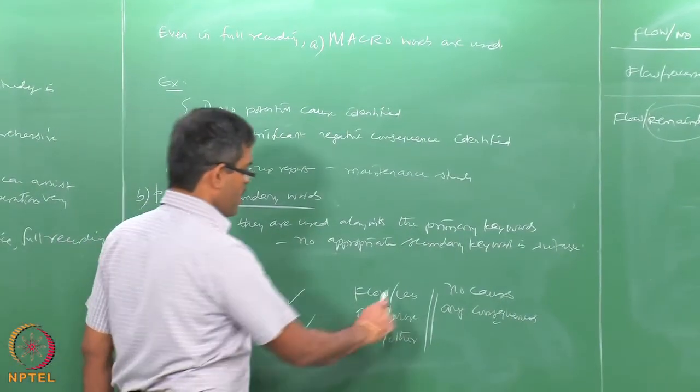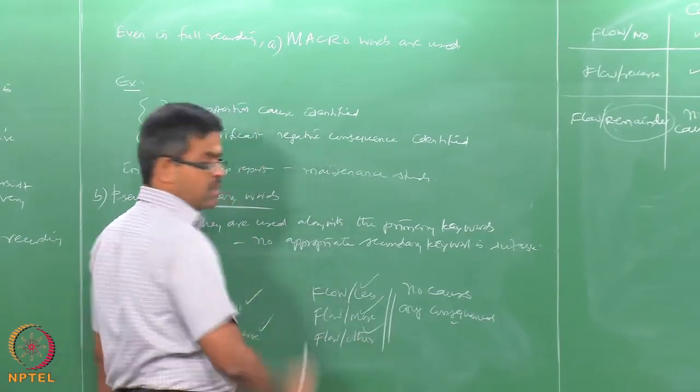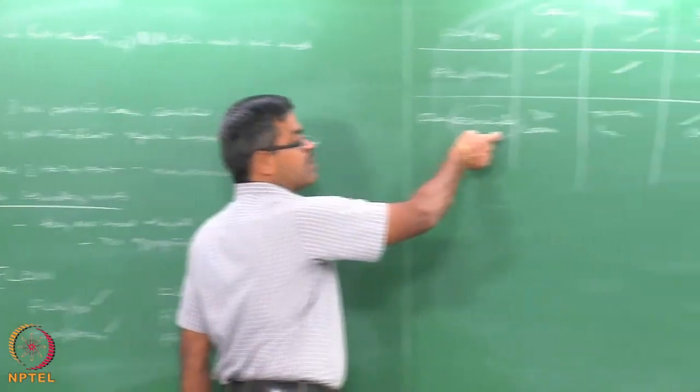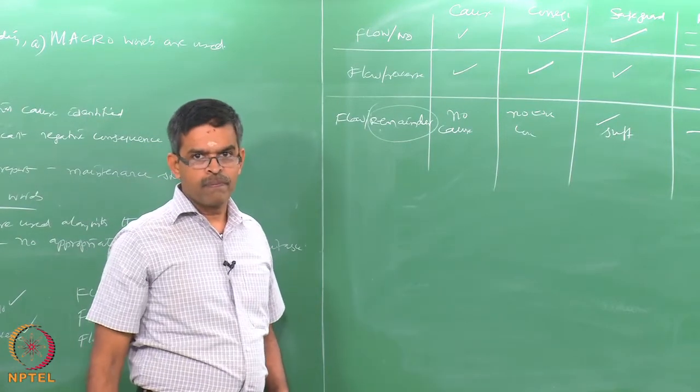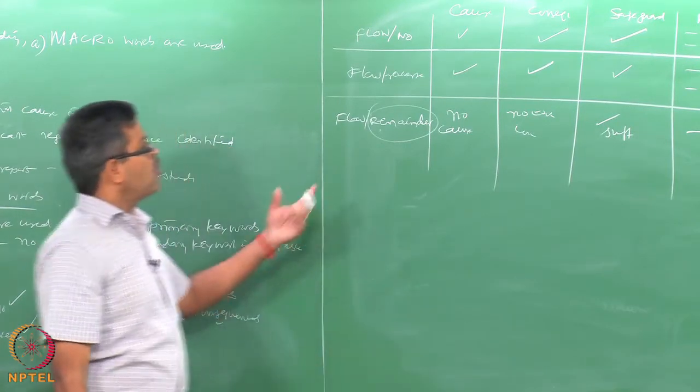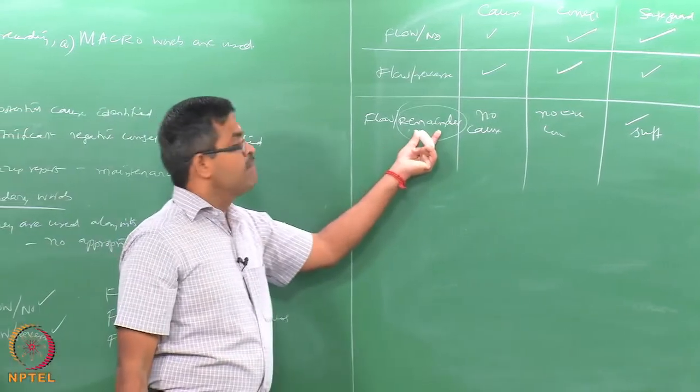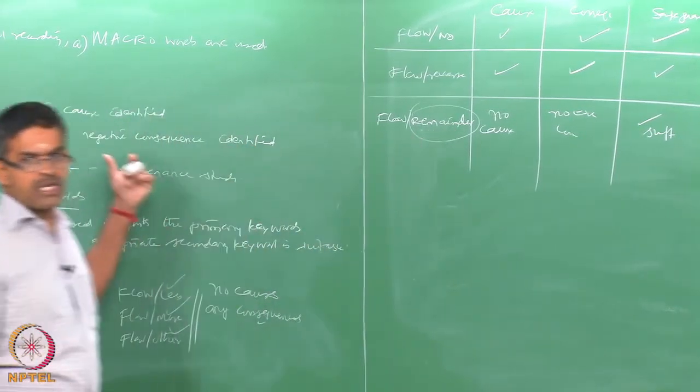For example, less, more, other, all will be included in one sentence. So, one can report in this form also, using a macro word remainder, which is also called a pseudo secondary keyword.